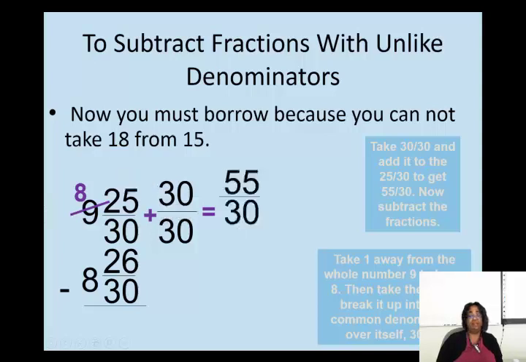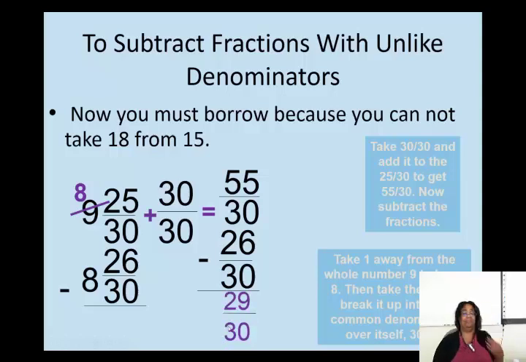So now I have 55 over 30, which is more than enough to subtract 26 from. What will that be, by the way? What's 55 minus 26? No, not 3. 9. 29. So I have 29 over 30, and do I have a whole number? What's 8 minus 8? 0. I'm done. I just have 29 over 30 because there's no whole number.